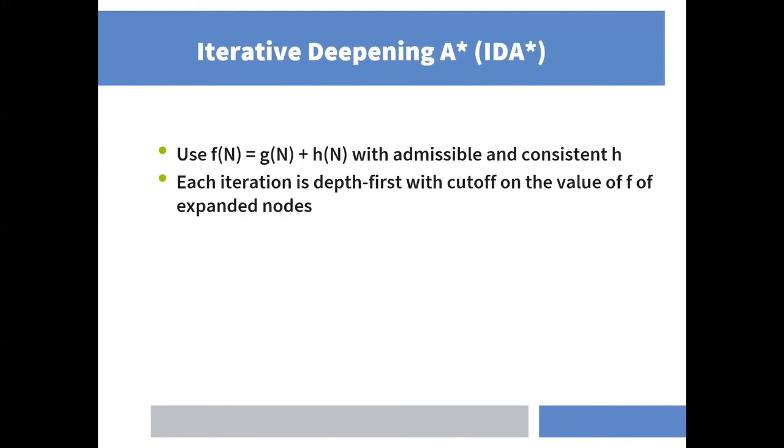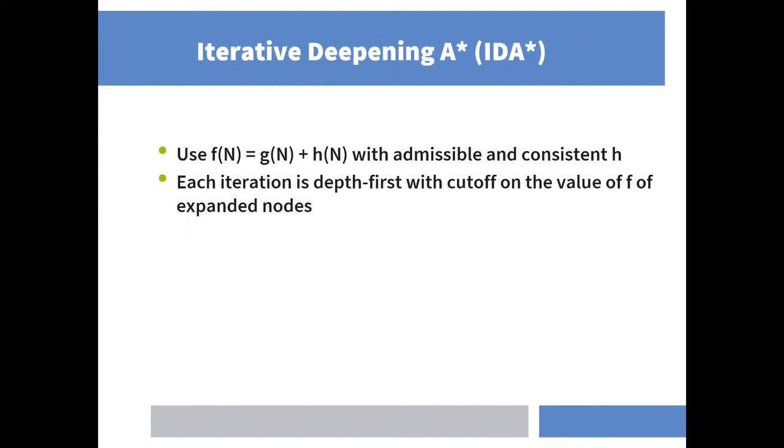So to solve that complexity problem, the simplest way to reduce memory requirements for A-star is to adapt the idea of iterative deepening to the heuristic search context, resulting in the iterative deepening A-star algorithm, or IDA star.